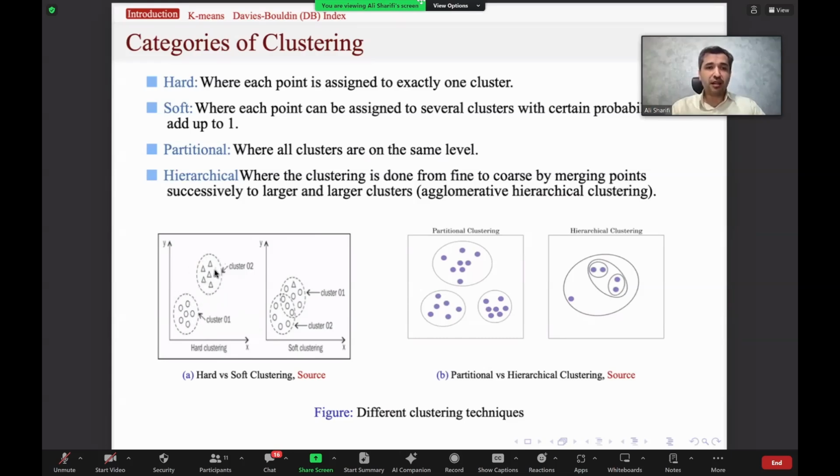Each sample belongs exactly to one of the clusters. Here you see these samples are most likely to belong to cluster 1. These samples most likely belong to cluster 2, but these samples in the margin or the shared area have equal ability to belong either to cluster 1 or 2.